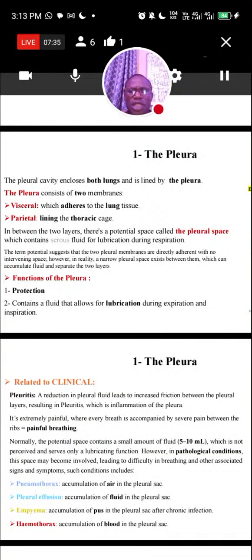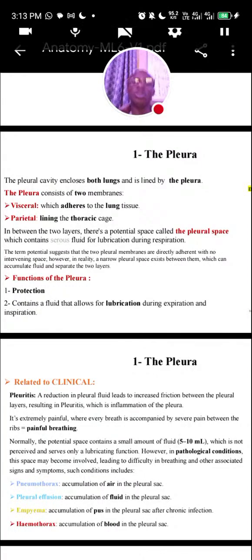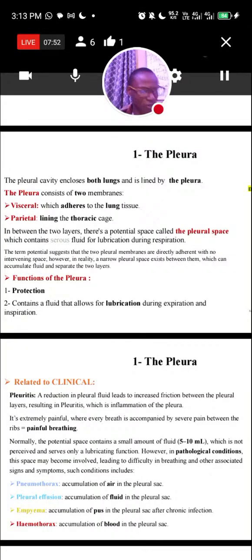The term potential suggests that the two pleural membranes are directly adherent with no intervening space. So this can be a likely question you might see in an OBJ. When we say potential, what does it mean?